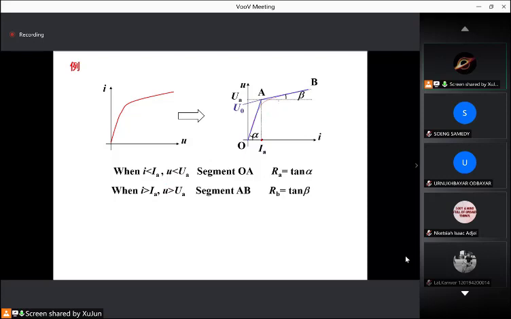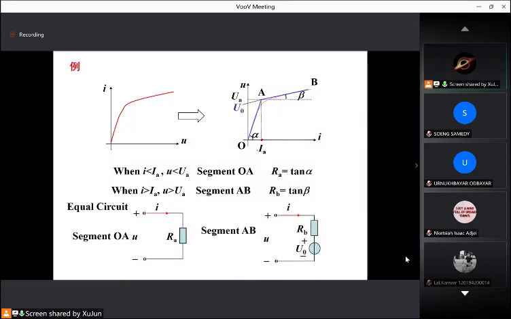When I is larger than IA, we use this straight line to express it. The RB is tan beta. So find the equivalent circuit. For the OA part, we can use the resistor to express. For the AB part, we should use a Thevenin circuit to express. There will be a voltage source serially connected with a resistor.